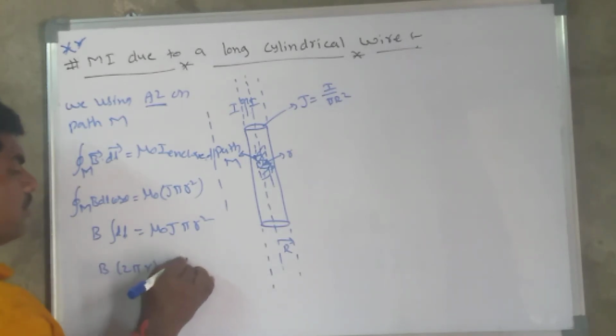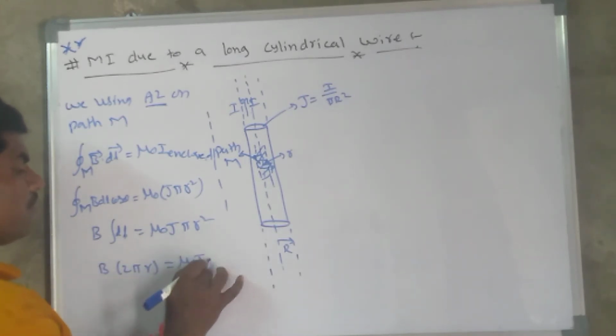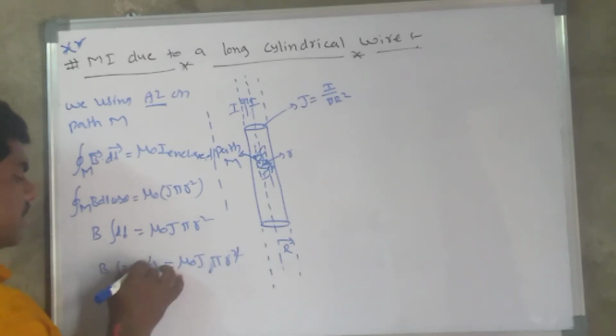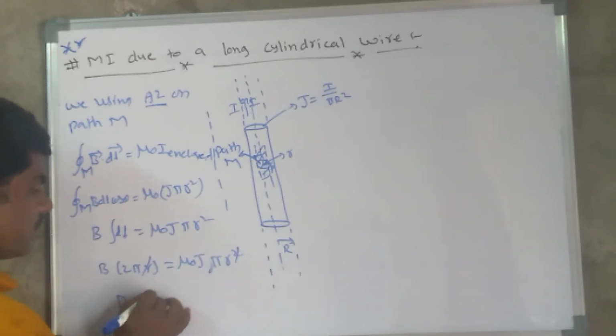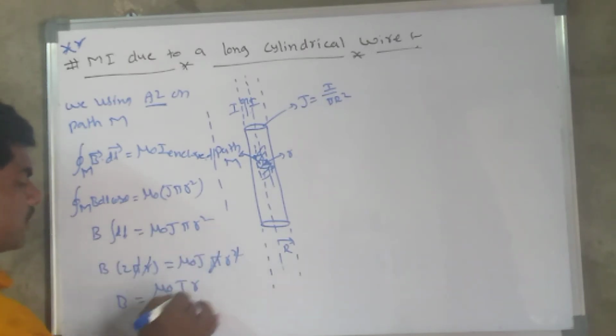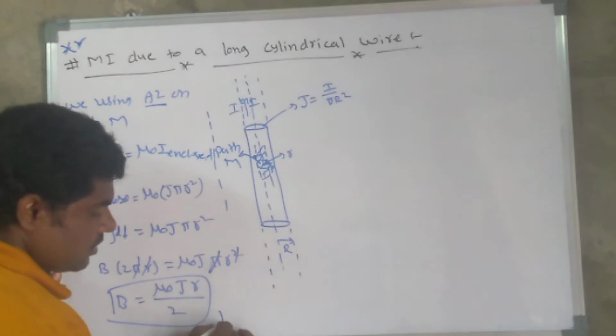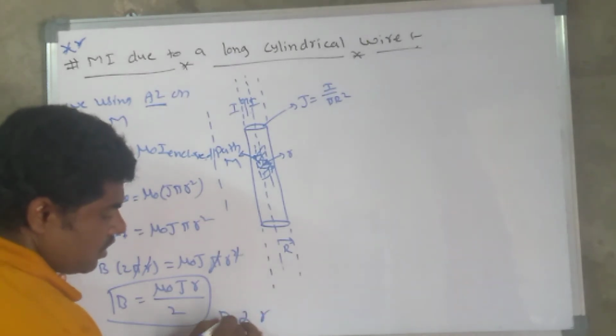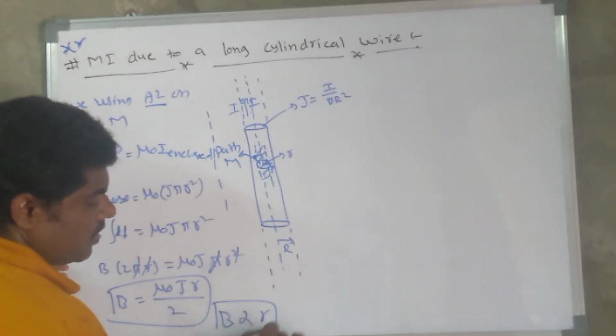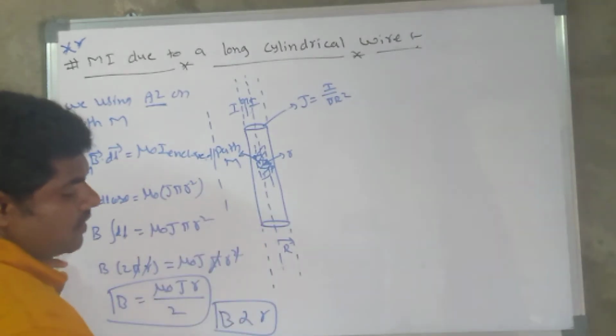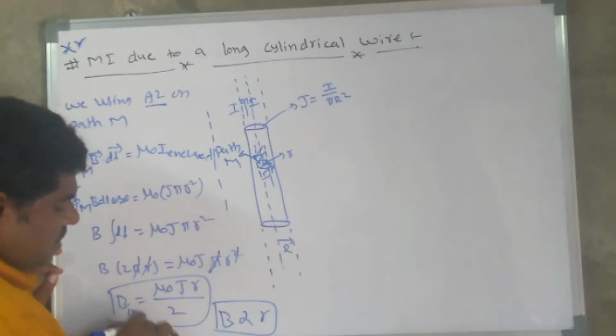So B times 2 pi r equals mu naught J pi r squared. One r gets cancelled, and pi also cancels, so B is equal to mu naught J r divided by 2. The magnetic field is directly proportional to the radius inside the cylinder.